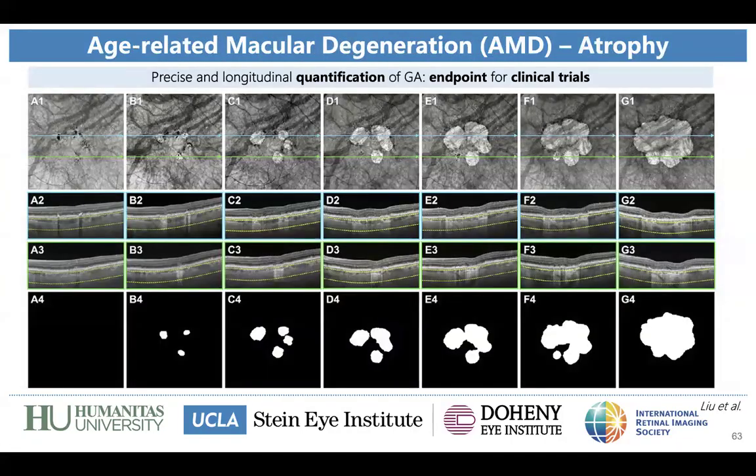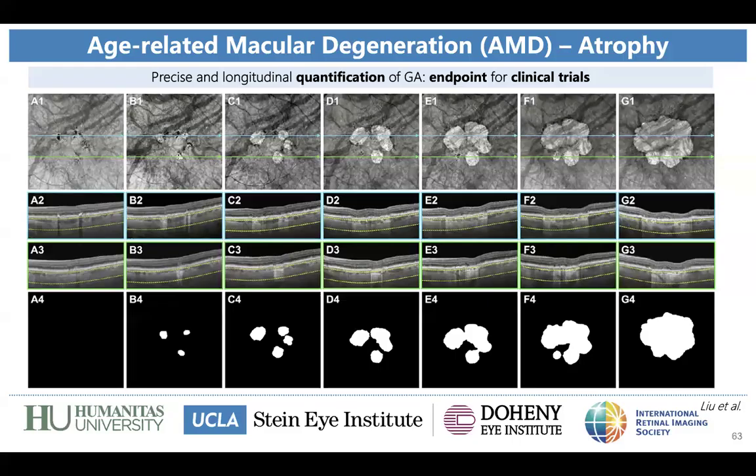So I find this one very interesting because you're detecting GA and its progression by putting your segmentation slab in the choroid, so you can detect the hyperreflectivity. I did see some manuscripts detecting progression of GA, but involving the slab in the RPE and EZ.